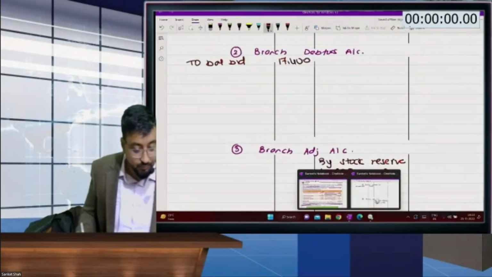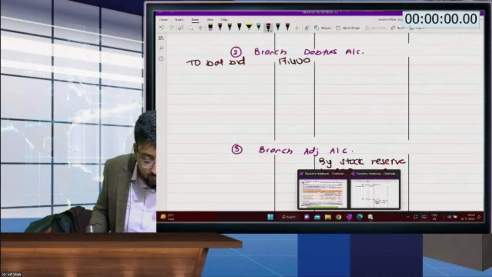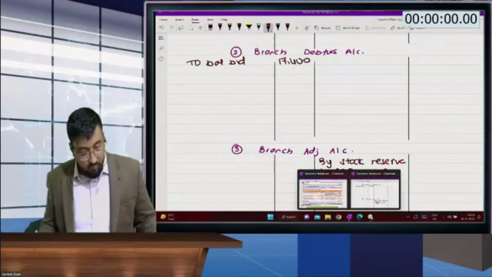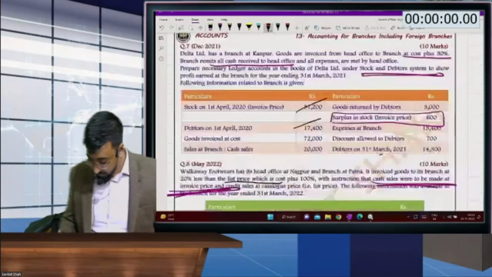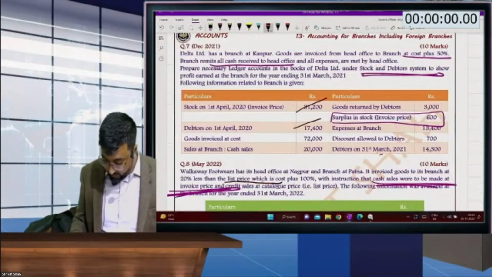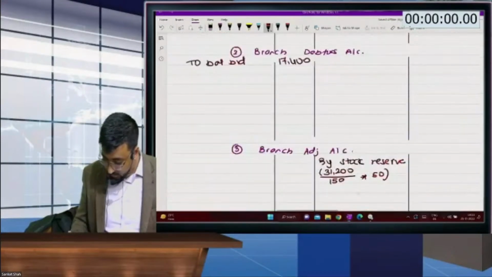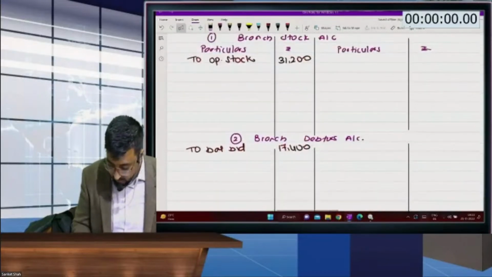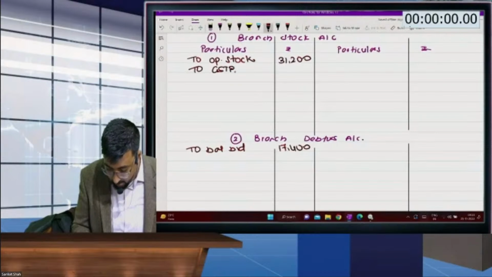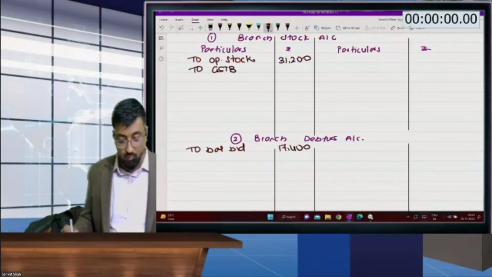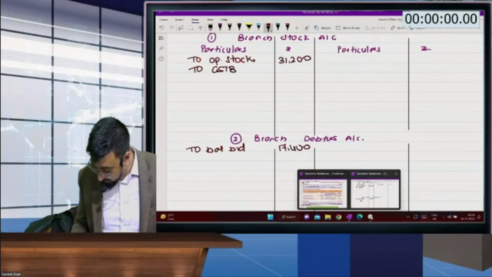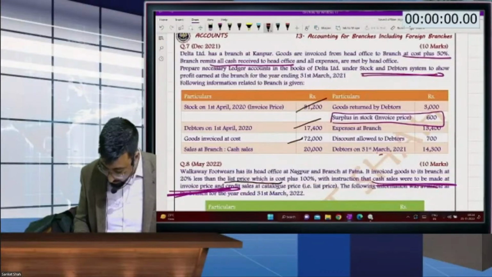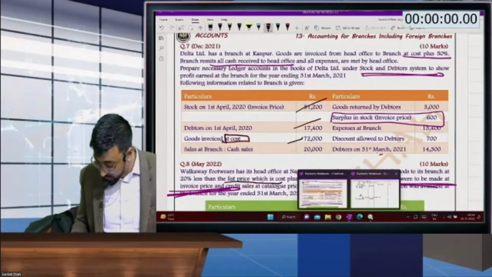Next, goods invoiced at cost to GSTB, 1,08,000, na? At cost. At cost is given.